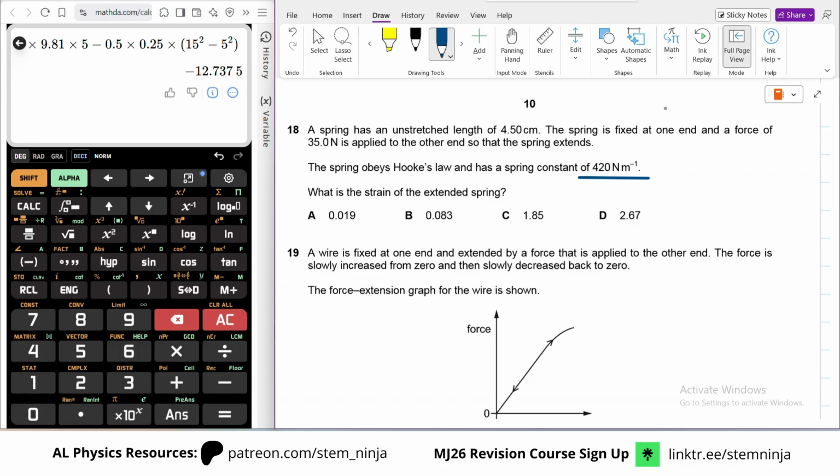So first off, strain is basically extension over the original length. Extension we can find out using this rule. Extension would be F over k, that is 35 over 420, divided by the unstretched length.